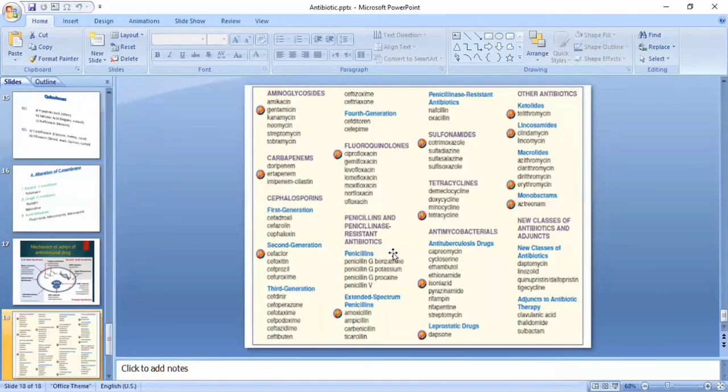The penicillins group, either they are sensitive or they are resistant. So this is a summary of all the antibiotics, which act in different ways, by different modes of action.